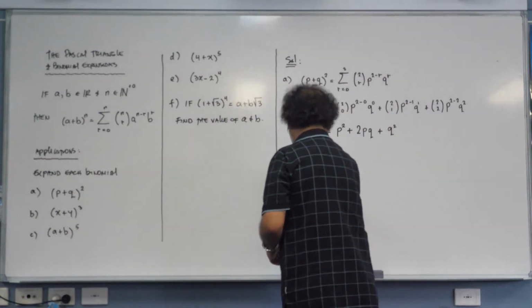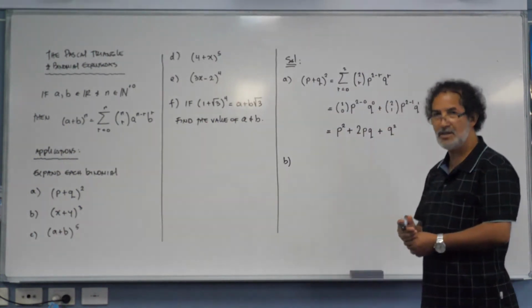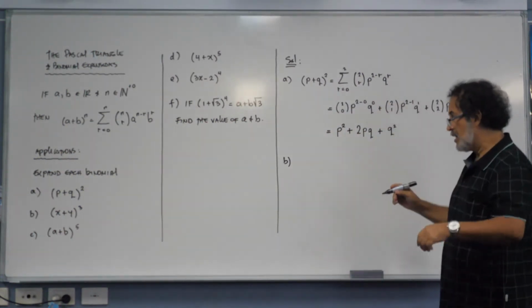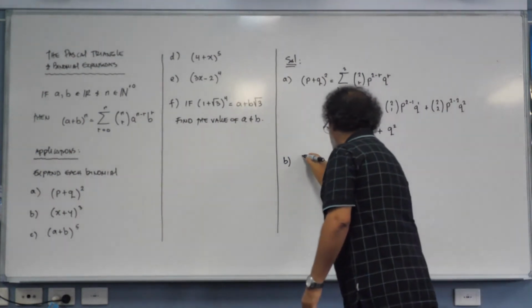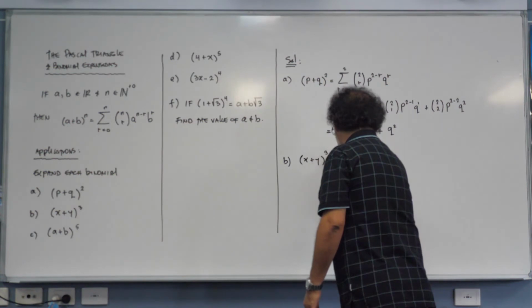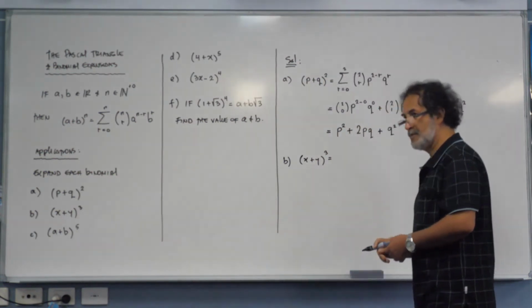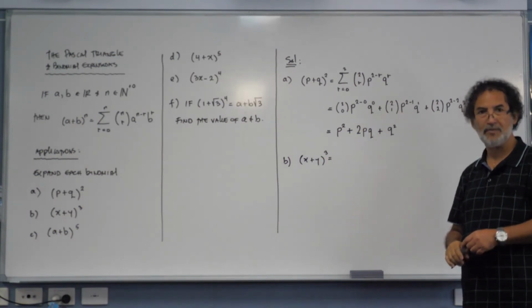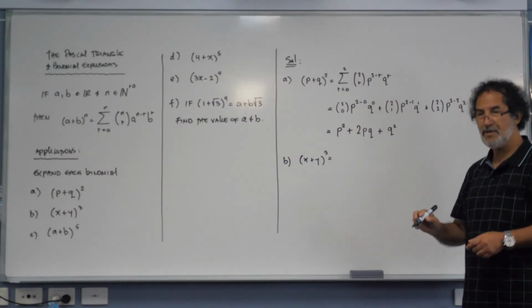All right, let's do the other one. Question B. We need to do a few of these until you get very, very familiar with this. So we have x plus y to the power of 3 now. We're going to set up the formula.